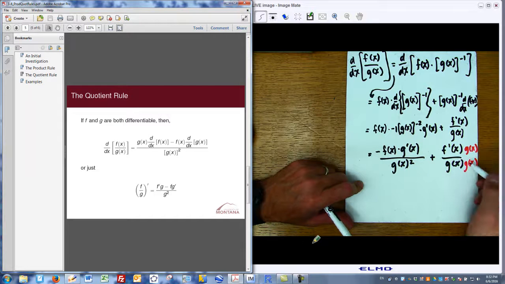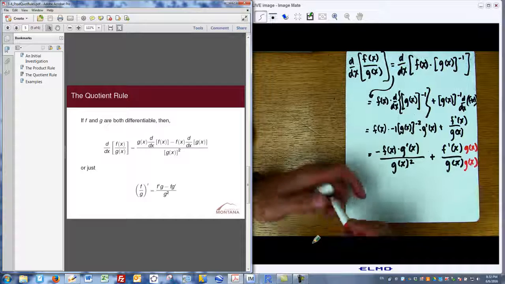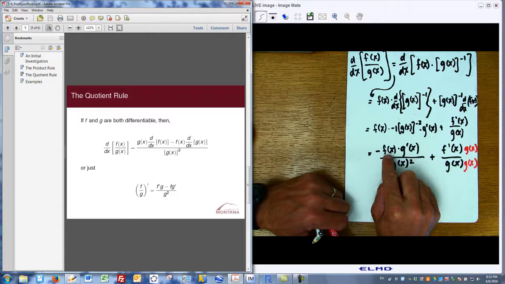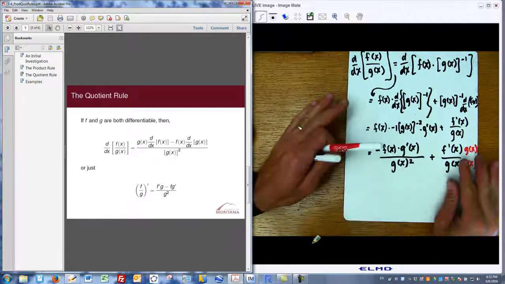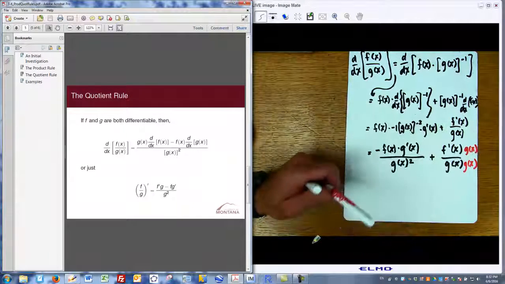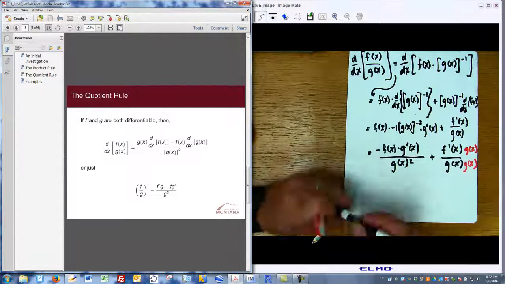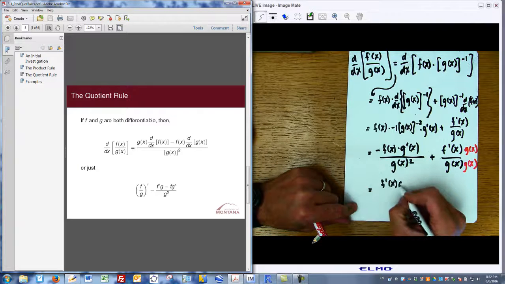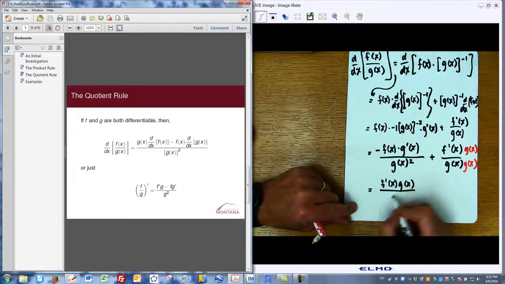And when I do that, I get a g of x squared on bottom, and I get on top an f prime times g of x minus an f times g prime of x. So I'm going to commute the addition and write this term first, and what we'll get is f prime of x g of x all over g of x squared.